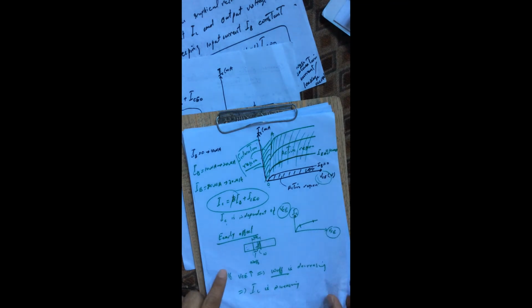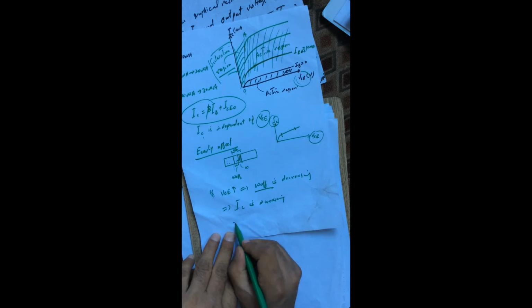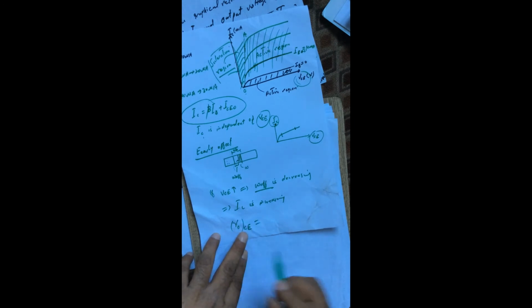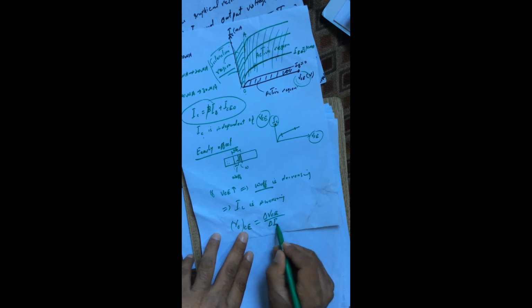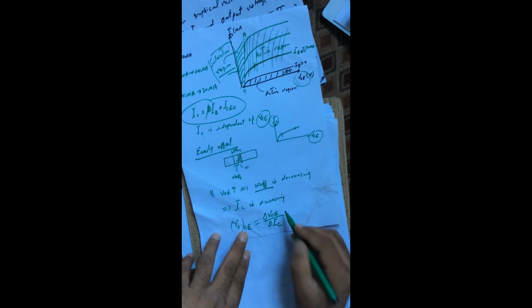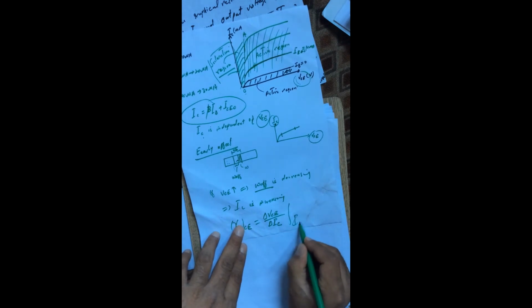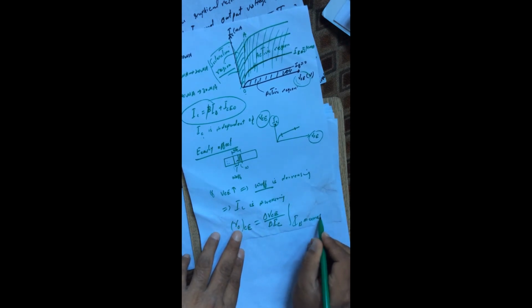Next we have to derive a relation for the dynamic output resistance. The dynamic output resistance of the common emitter characteristic is equal to the change in output voltage, delta VCE, over the change in output current, delta IC, keeping the input current IB constant.